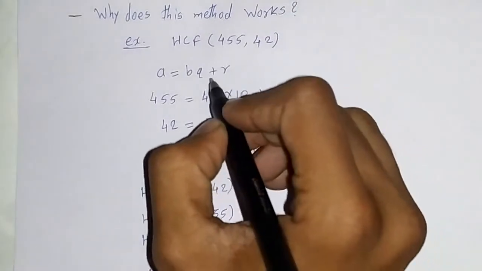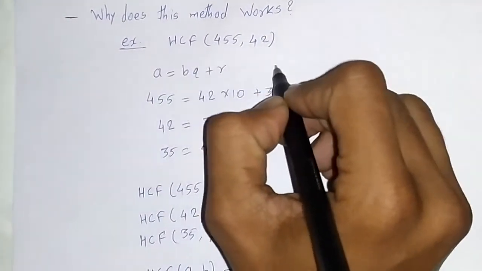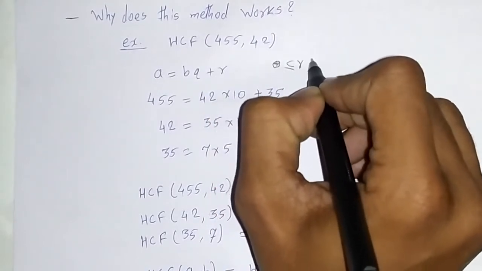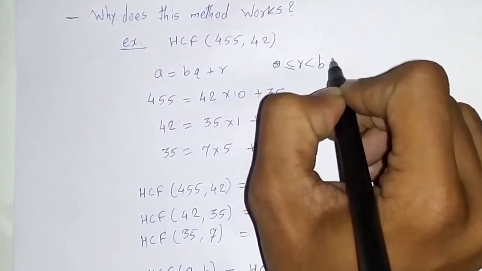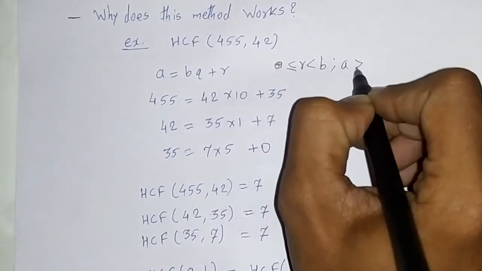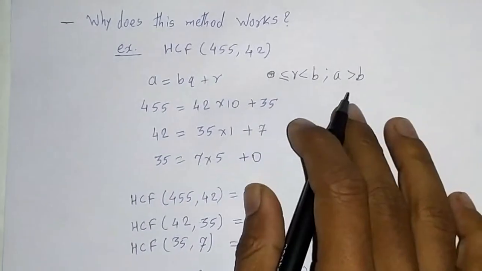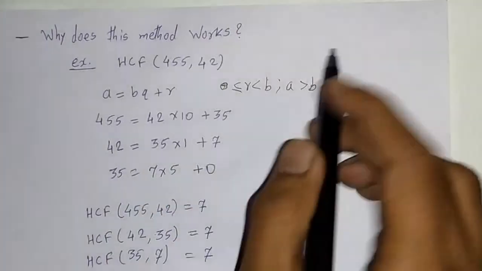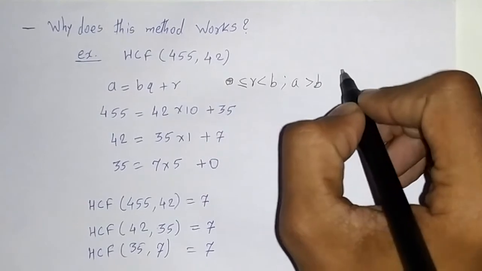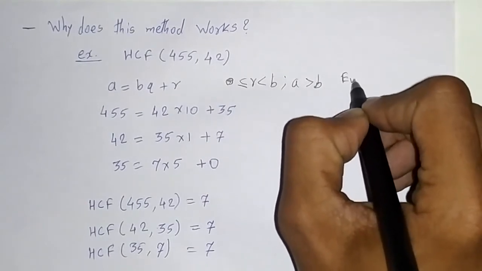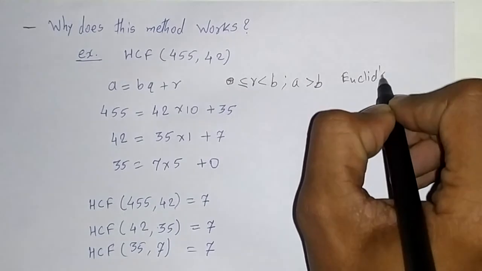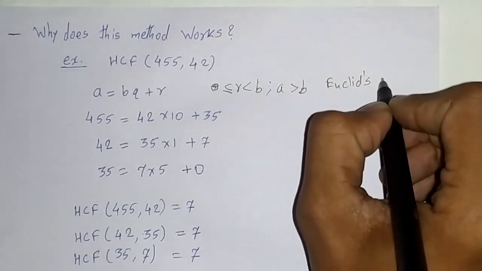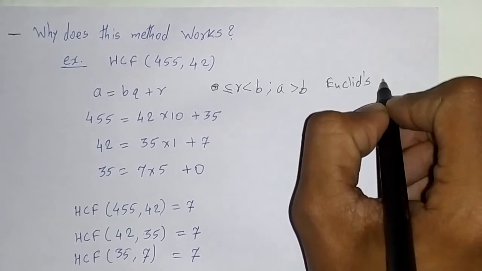Euclid's division lemma: A equal to BQ plus R, where 0 should be less than or equal to R less than B, and A should be greater than B. This is Euclid's division lemma. Let us write it here. You have to write these things in detail in your answer sheet, then only you will get the full marks.